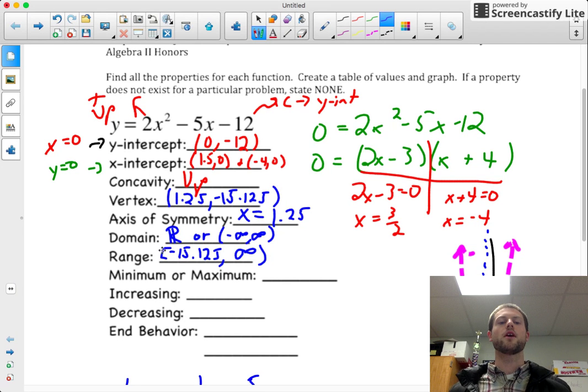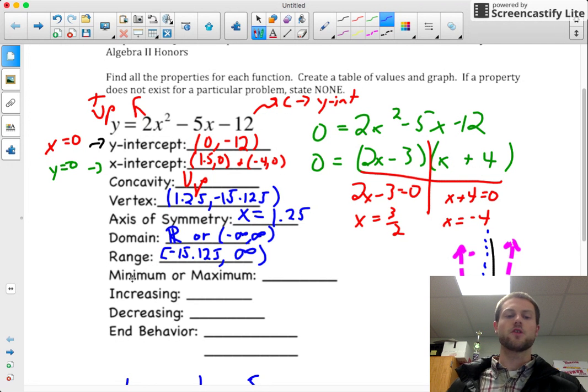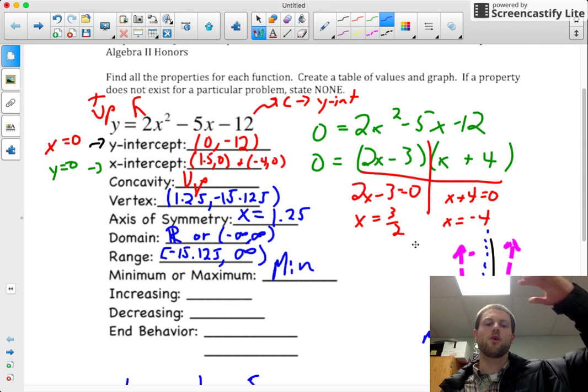Notice here I have a square bracket on the negative 15.125 because I actually have that point on my curve. It's going to go up forever to infinity. As far as whether this is a min or a max, this is a minimum. Right here is the min. It has no max because it goes up forever. You can't get on top of forever.